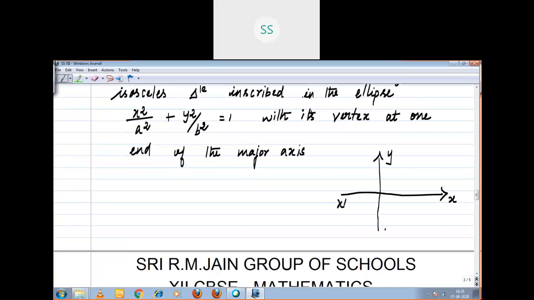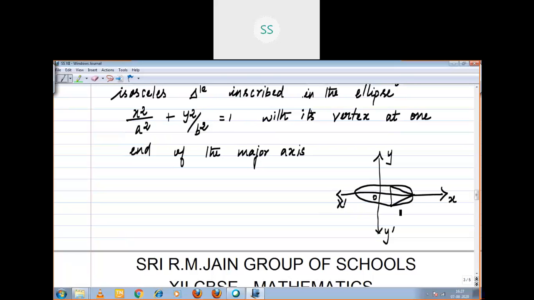Now the ellipse has its major axis on the x-axis, so it comes like this. This is your origin. They said the isosceles triangle is inscribed in the ellipse, so I am going to construct an isosceles triangle.